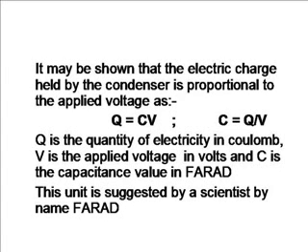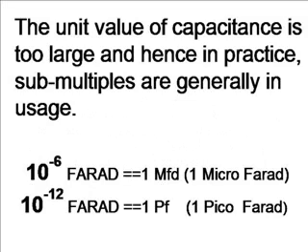This unit is named after a scientist called Faraday. The unit value of capacitance is too large, and hence in practice submultiples are generally used. 10 power minus 6 farad is 1 microfarad, and 10 power minus 12 farad is 1 picofarad.